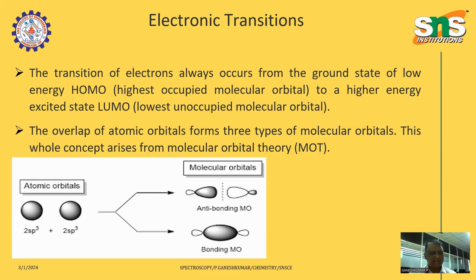A single H is an atom which has an atomic orbital, and H2 is a molecule, so it has a molecular orbital. These molecular orbitals will be in two levels: one is bonding molecular orbital, another is anti-bonding molecular orbital.